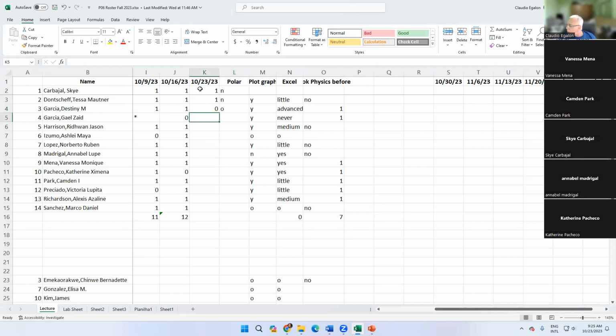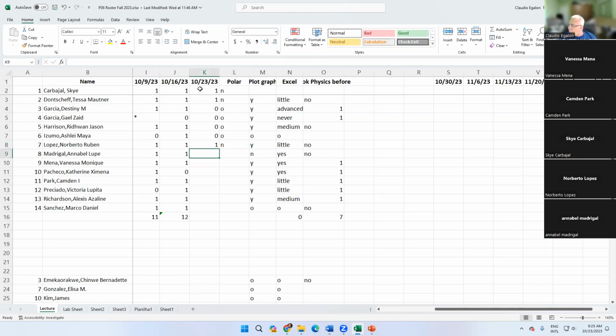Next is Gael. Gael disappeared, right? Next is Ridwan. I don't see Ridwan here. Oh, very few students today, and only 9. Ashley Izumo. Ashley, are you there? No. Norberto, have you seen polar coordinate systems before, Norberto? I haven't. You haven't? No. Okay, I'm put it here.